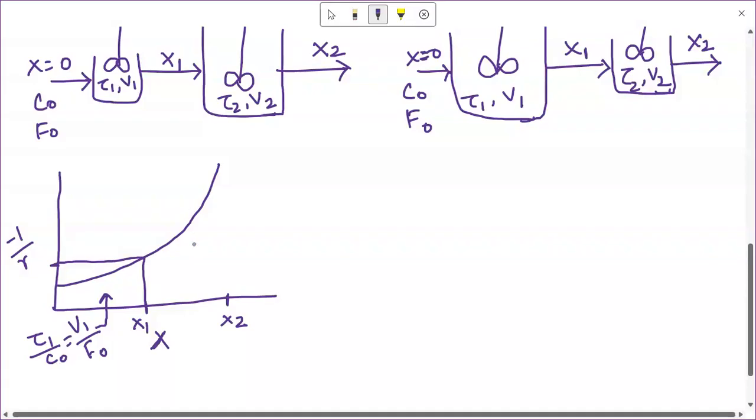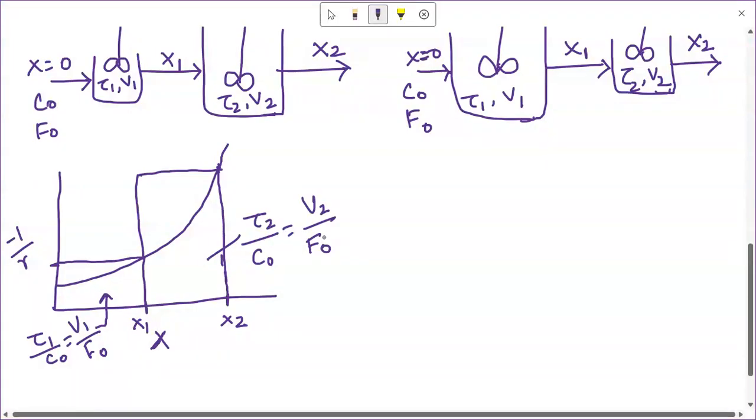This is from the design equation. Similarly, for the second reactor, if you draw another rectangle, from here to here, and find the area of this entire rectangle, then you will get the tau 2 by C0 quantity, which is again equal to V2 by F0. This is fairly simple.